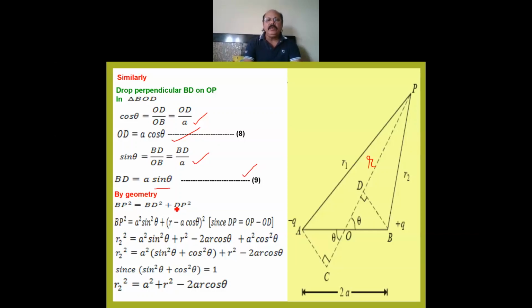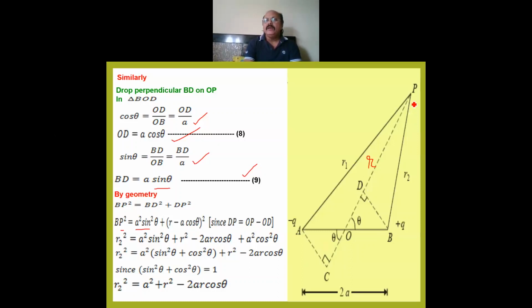Similarly, by geometry, BP square equal to BD square plus DP square. So substitute the values. Now BP square equal to BD, that you have calculated from equation 9, you substitute it: A square sin square theta plus DP. DP is OP minus OD.